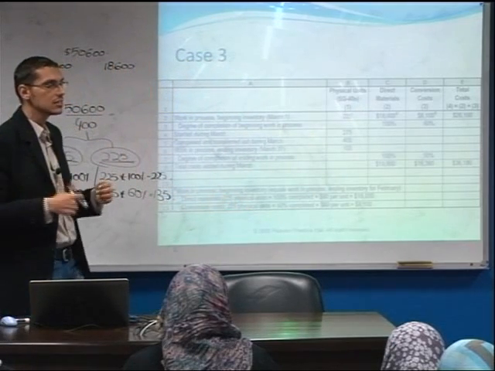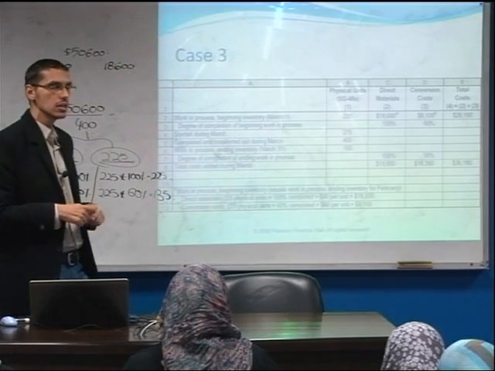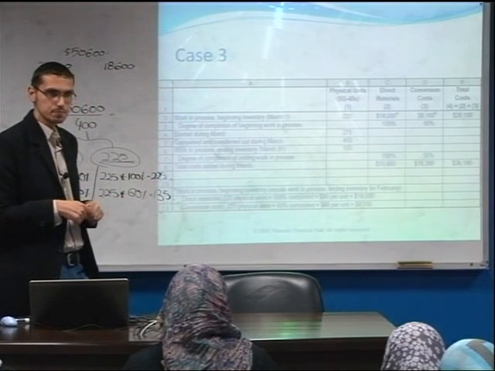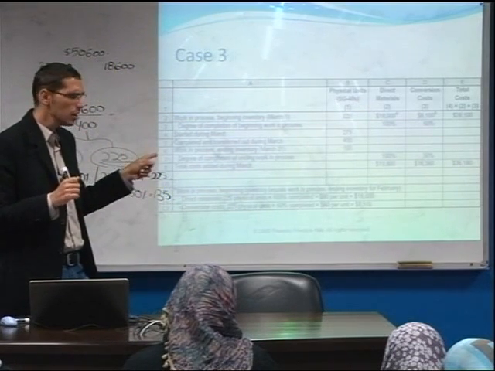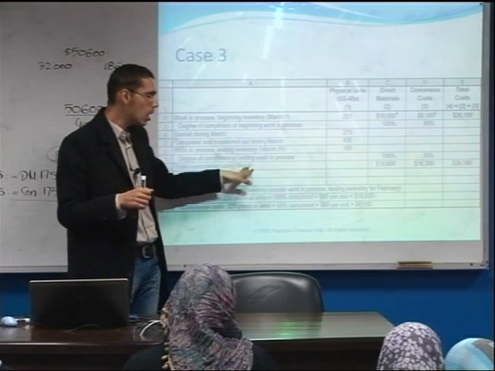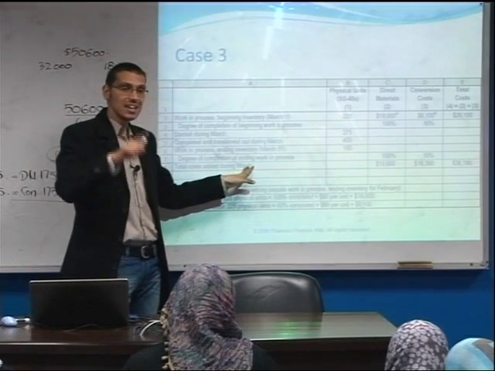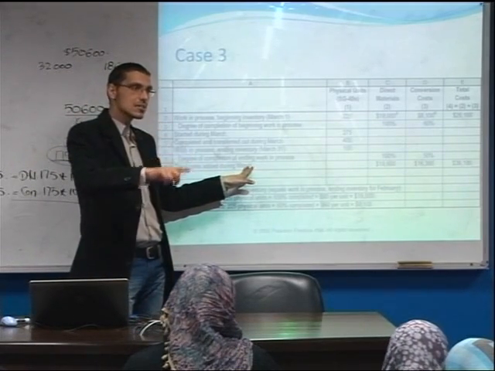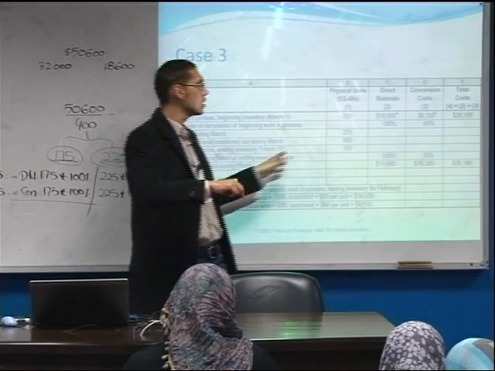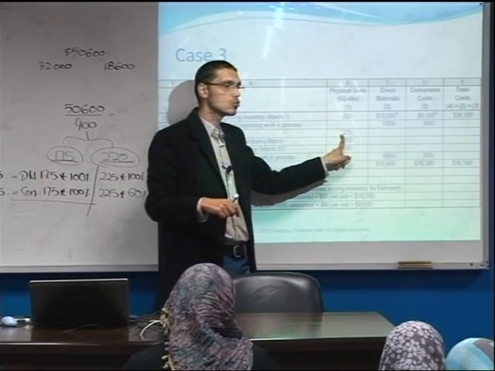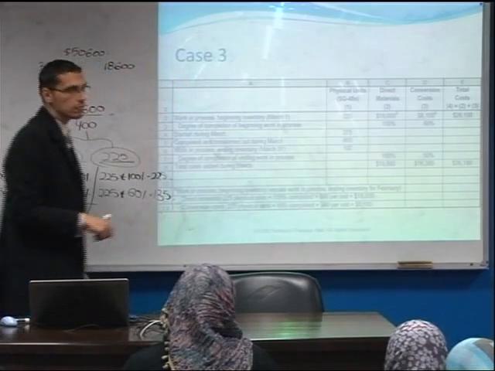Therefore, the costs added during March would complete the beginning work in process and would start the manufacturing process on the 275.